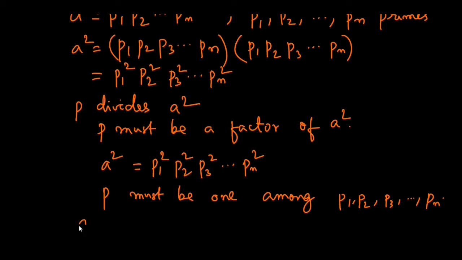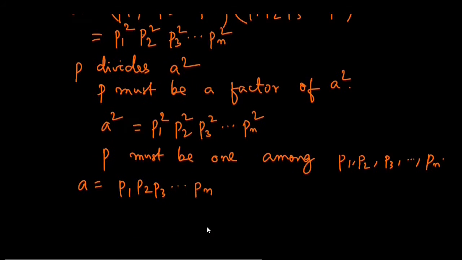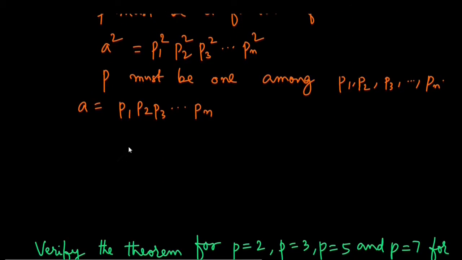When p is one among p1, p2, p3, etc. pn, then we know that a is equal to p1 into p2 into p3 etc. pn. When p is among p1, p2, p3, then p must be a factor of a.